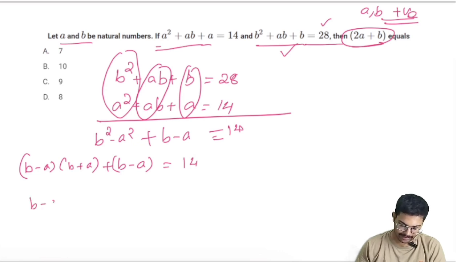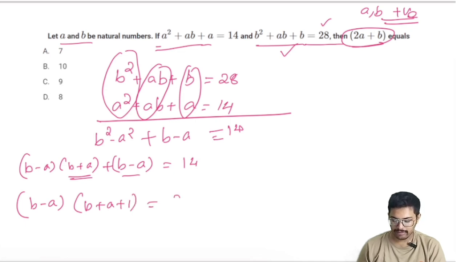I can take B minus A common, then the remaining value will be B plus A plus 1 equal to 2 into 7. This is the simplest form. Now B minus A, the difference of these numbers, will be 2, and the sum will be higher when you compare, since the sum of two natural numbers is higher than their difference.